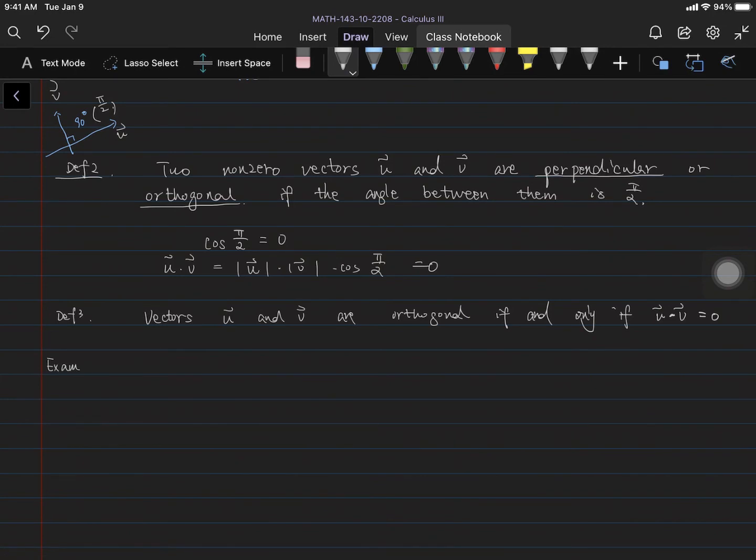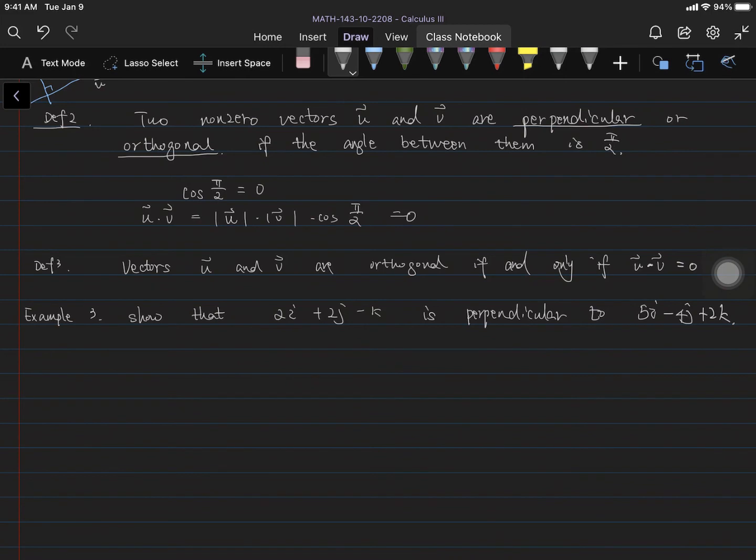Let's take a look at example 3. Show that the vector 2i plus 2j minus k is perpendicular to the vector 5i minus 4j plus 2k. So we just need to look at whether their dot product is 0 or not.